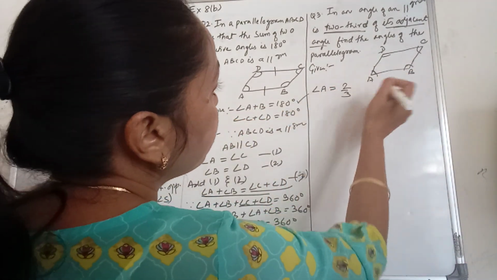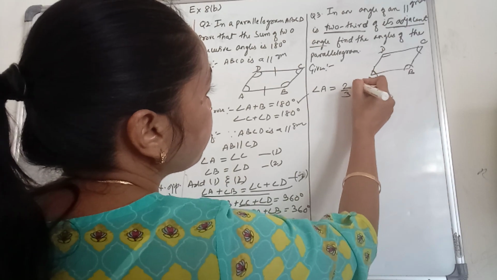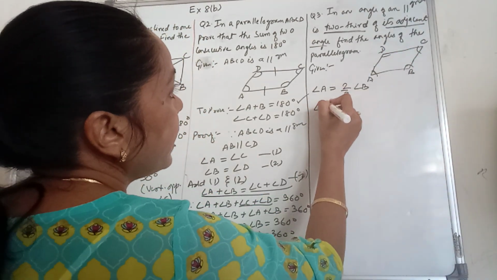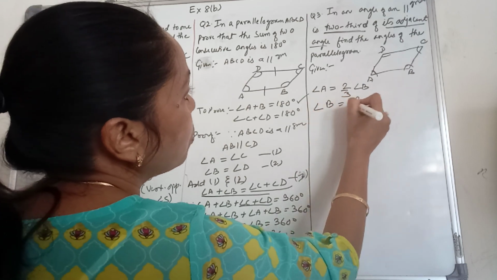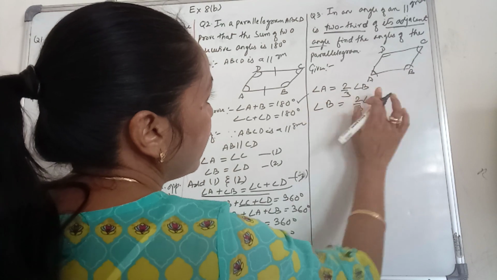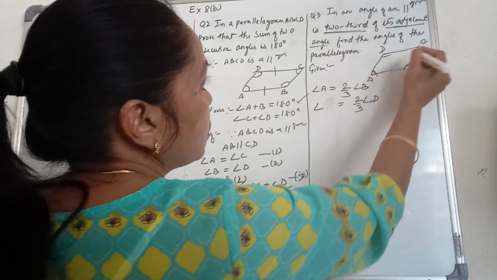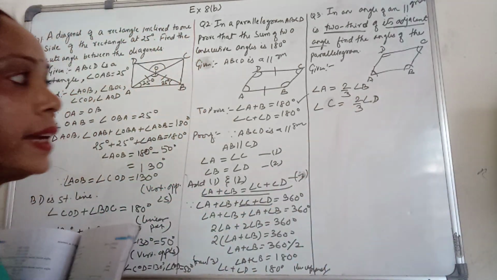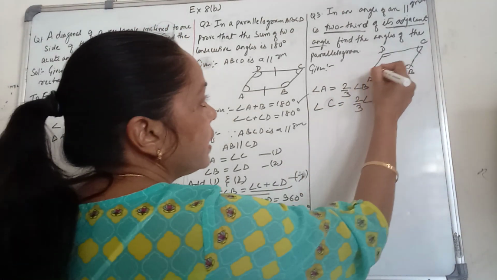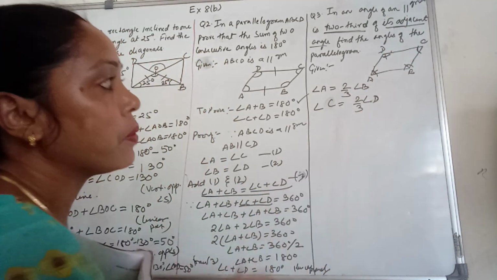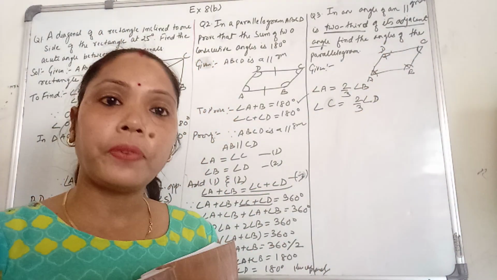Angle B. And angle B is equal to 2/3 of angle D. Angle C is equal to 2/3 of angle D. These two are the adjacent. So angle C is equal to 2/3 of angle D.